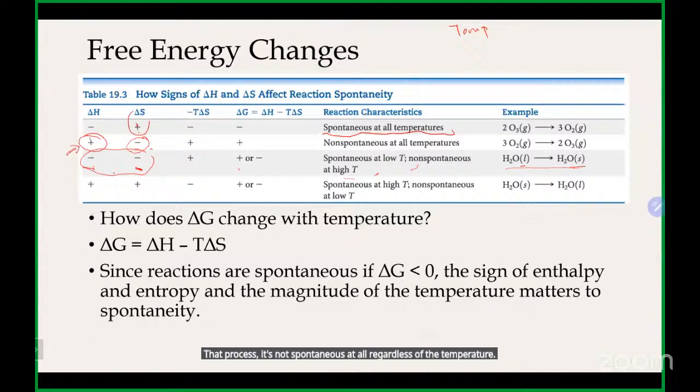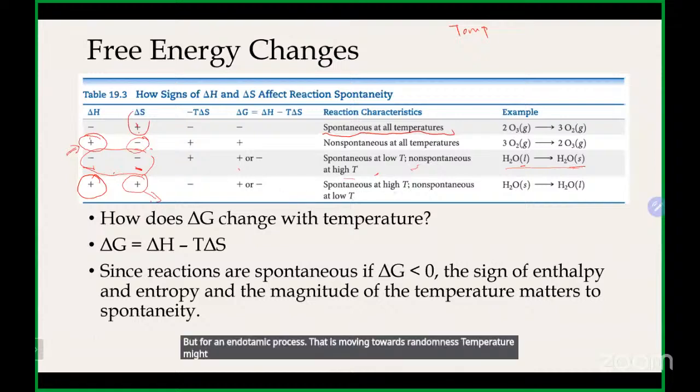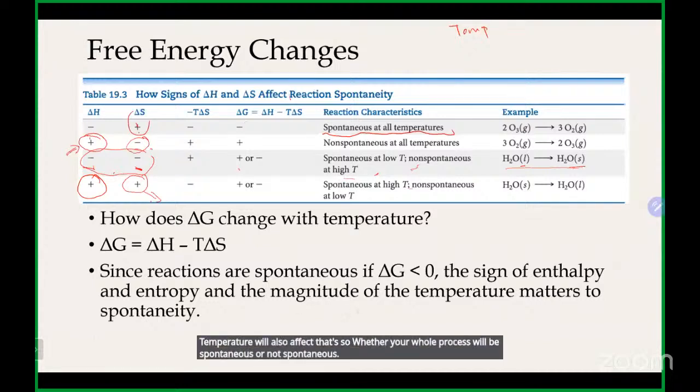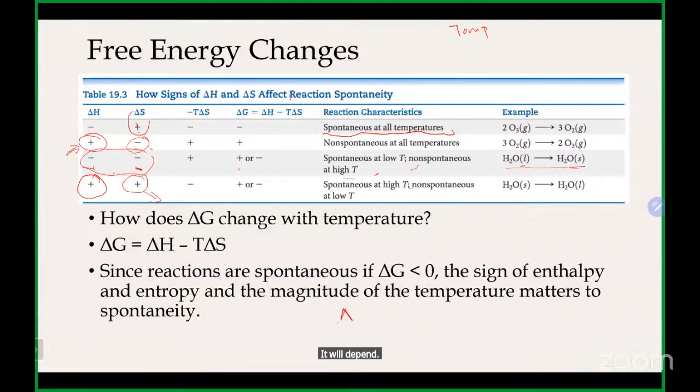But for an endothermic process that is moving towards randomness, temperature will also affect it. So whether your whole process will be spontaneous or not will depend on delta H, delta S, and temperature.